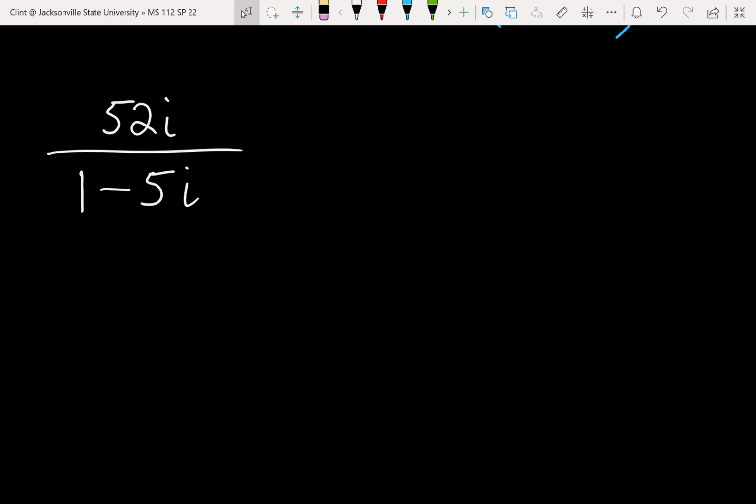On this one, we happen to have a complex number in the top and in the bottom. That doesn't change anything. When we're deciding what to multiply by, we just want the conjugate of the denominator, the conjugate of the bottom. That means we're going to multiply by 1 plus 5i.